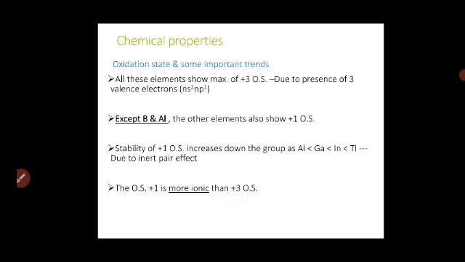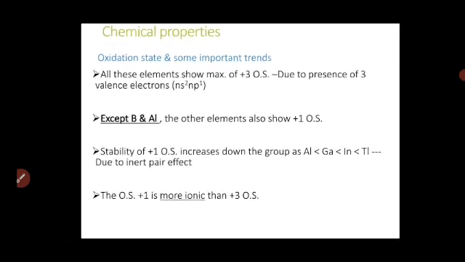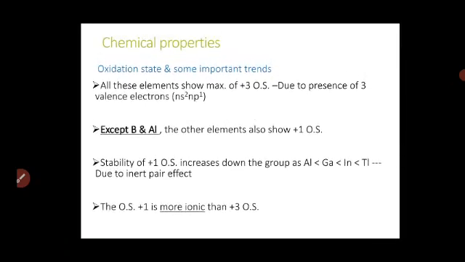Now let us start with chemical properties. So chemical properties mostly depend on oxidation state, that is oxidation number. So we have to first see what are the trends in oxidation state.